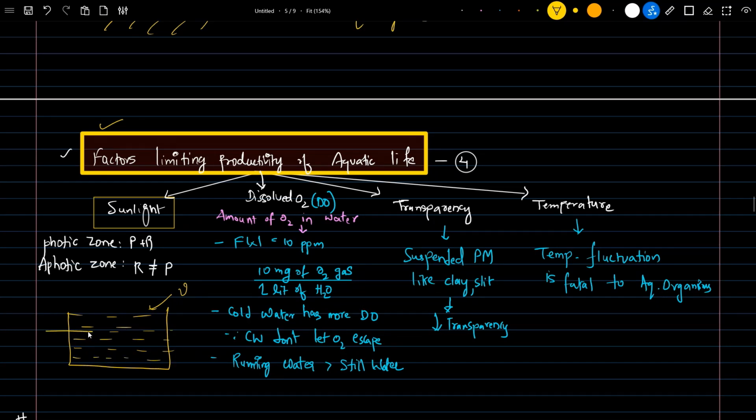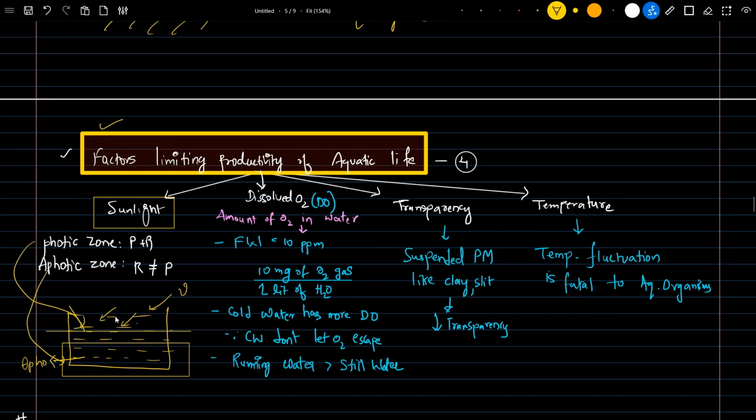There will be some region, let's say this is the separating region, where sunlight will be received properly, and there will be a region beneath, where there will be no sunlight. This is called a photic zone, and this is called an aphotic zone.